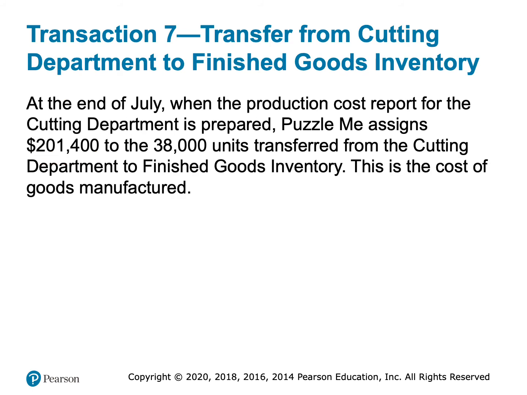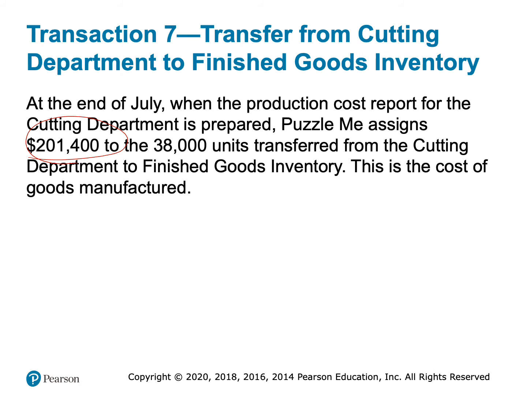Now we're told that at the end of the cutting department, they're going to transfer 38,000 units out of the cutting department and into finished goods, and those 38,000 units have a total cost of $201,400. If we had done the production cost report for the cutting department, we would have found that $201,400, but for right now, just trust me that that's the right number.